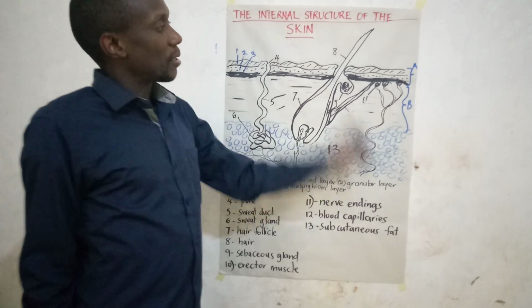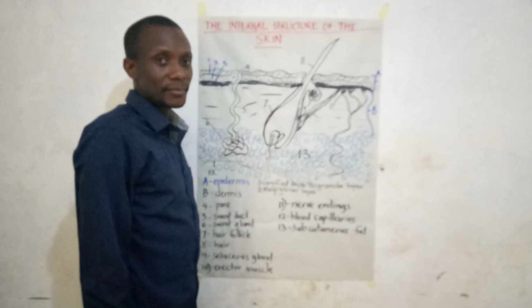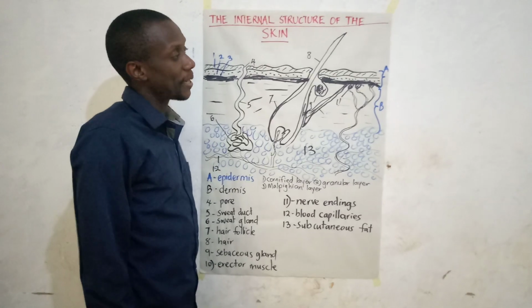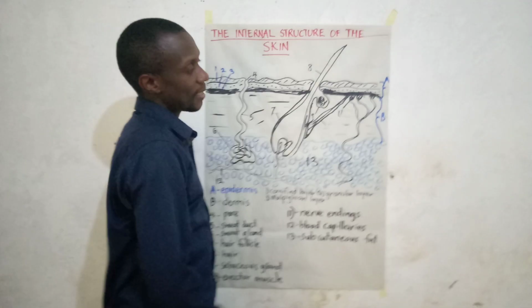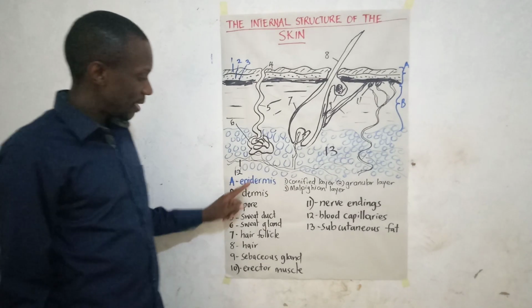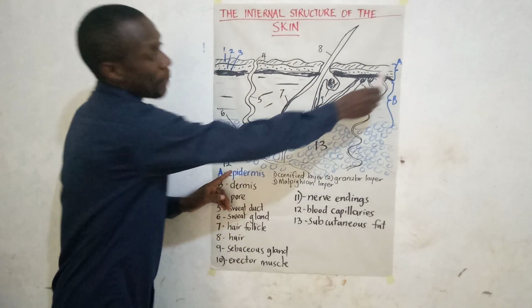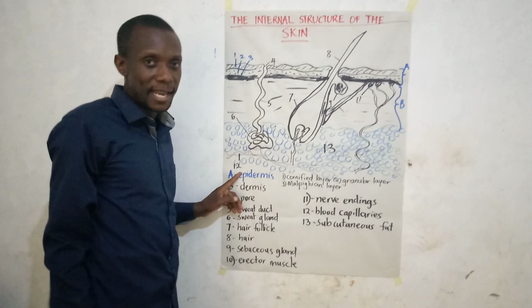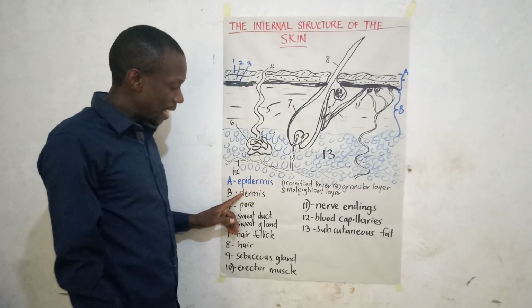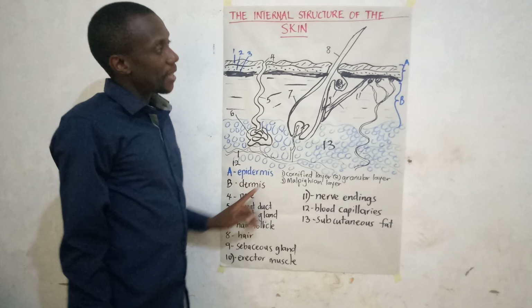So let's look at the skin. The skin has got two major parts. The two major parts are the epidermis and the dermis. Epi means outer. So the outer part of your skin is called the epidermis, and then the inner part is called the dermis.